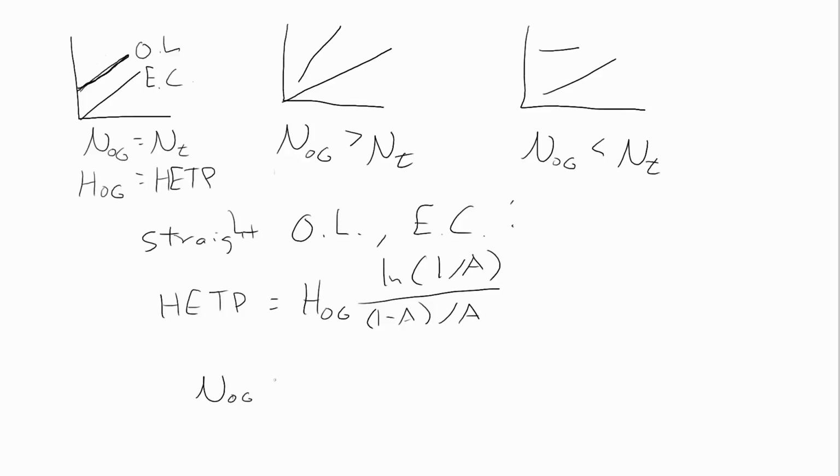And the number of gas phase mass transfer units is going to be the number of theoretical plates times the same ratio, ln of 1 over A all over, sorry, all over 1 minus A over A.